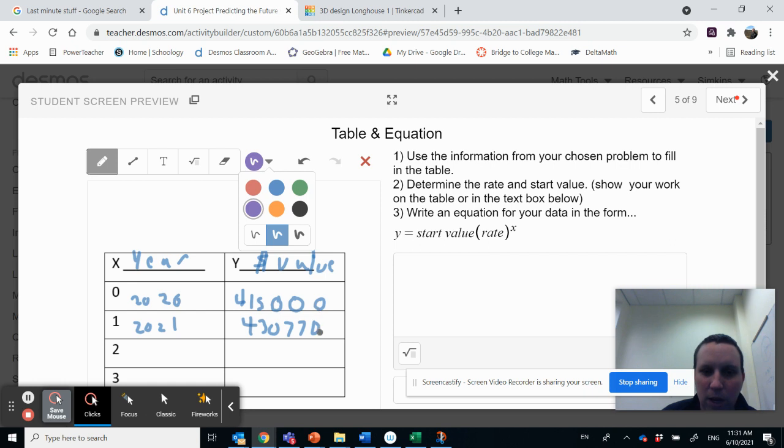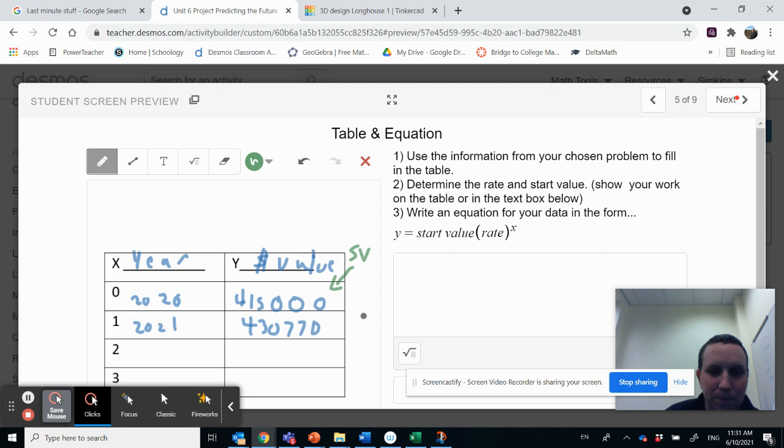So now I'm thinking, okay, how can I figure out the rate and the start value? The start value is just whatever number is next to the zero. So the start value is 415,000. And that's one thing I'm going to need for my equation. My equation is y equals start value times rate to the x power.